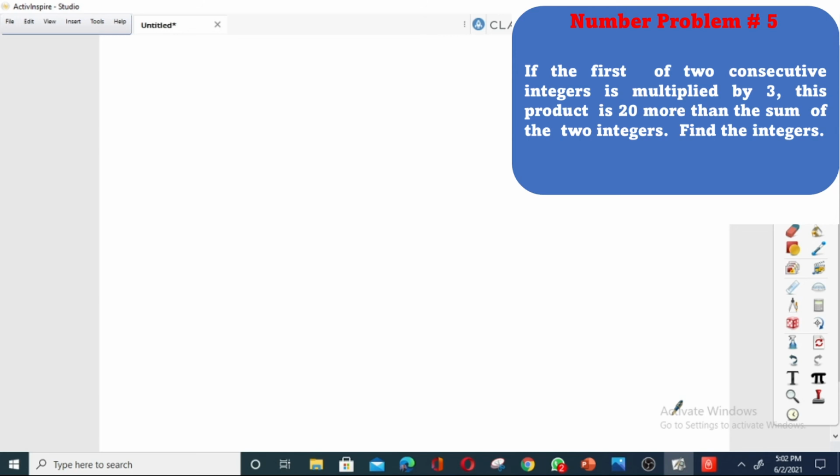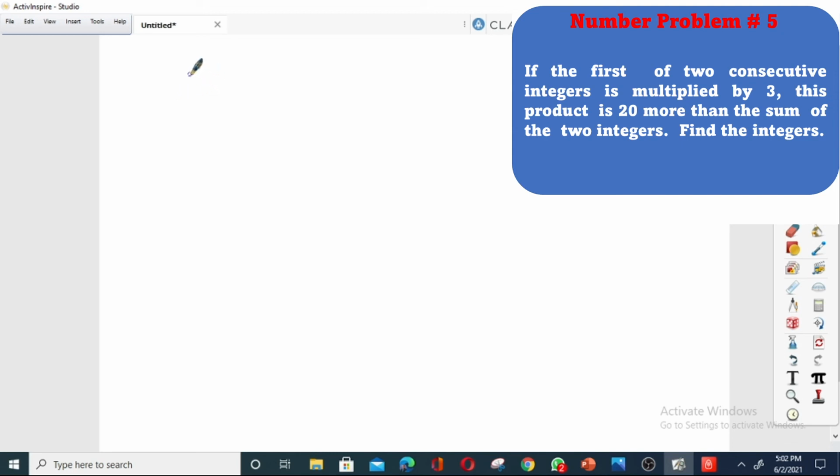Find the integers. So this is an easy question. We just have to represent the unknown. We are asked to find the integers, and these are two consecutive integers.